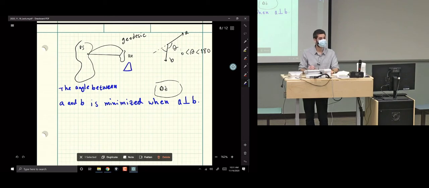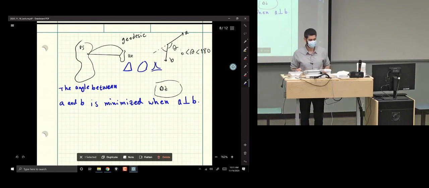You can have a triangle that is a straight line. You can have a fat triangle, you can have a thin triangle like this. The first one is Euclidean geometry. The middle one is Riemannian geometry. That's that sphere, for example. And the third one is hyperbolic geometry.